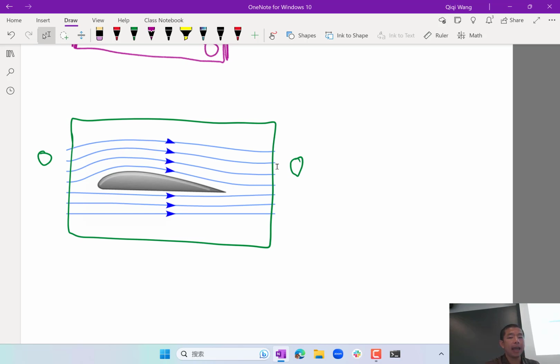So any reason the air moves downstream means that the air now has energy, which means there has to be some kind of power input to the air, and that means there has to be some form of drag. The different forms of drag exactly coincide with different reasons the air has to move downstream of the lifting device. So we'll talk about that.